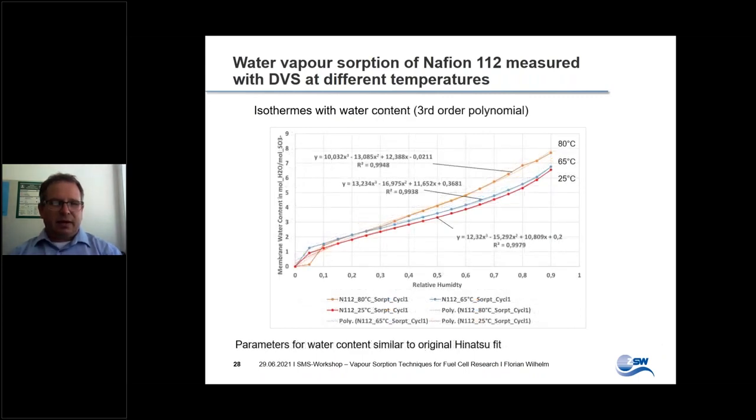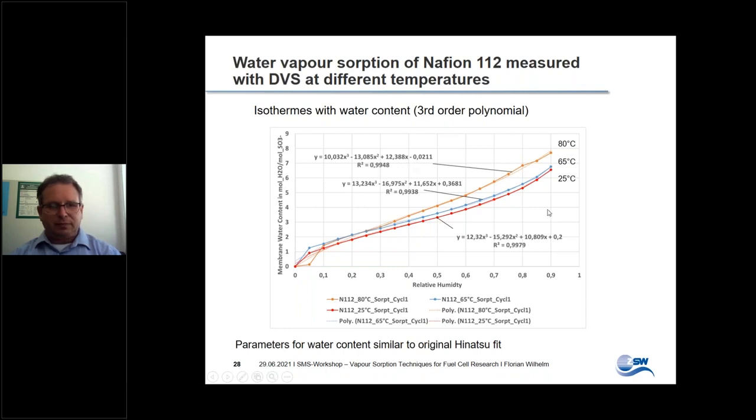Okay, again, we tried to fit this to the analytical functions shown before, so third order polynomial, and as you can see, the fit is really good. We obtain very high R-square values, very close to 1 here for all temperature values.